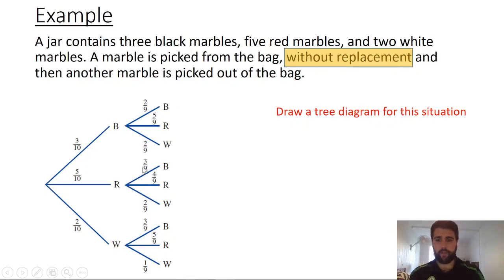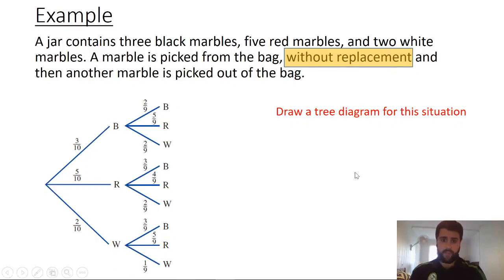The probability of pulling out a black on the second event will be 3 out of 9. The probability of pulling out another red marble, well, we started with 5 red marbles. If we've pulled one out, we've only got 4 red marbles left, so that's going to be 4 out of 9. And for our whites, well, we haven't pulled any whites out. There's still going to be 2 in there. The probability of pulling out a white for the second event would be 2 out of 9. And the same concept applies for the probabilities down here as well.